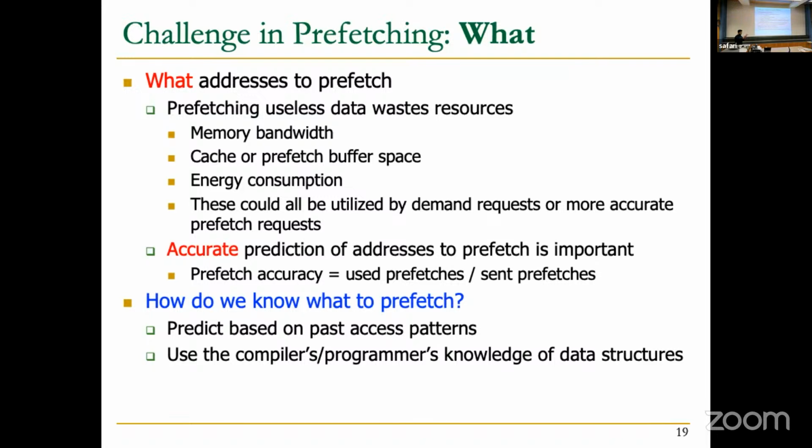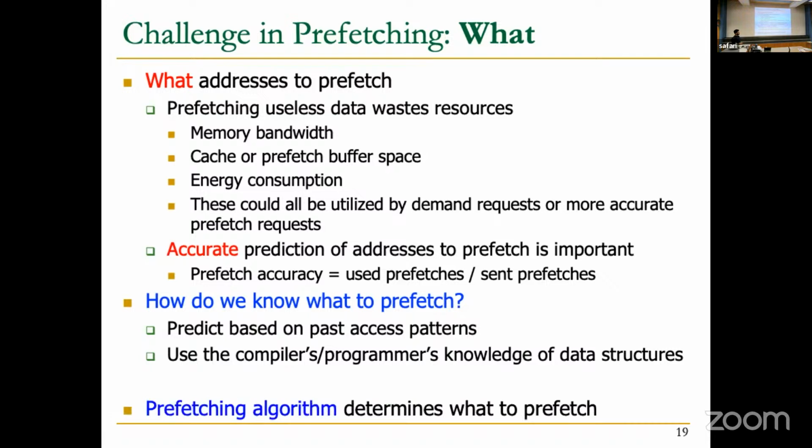And then using those learned patterns, they generate prefetch requests. If we are relying on compilers or programmers' knowledge of data structures, then we can also do it. Either the compiler or the programmer can inject some prefetch requests by themselves. But in a sense, prefetching algorithms determine what we are going to prefetch next.